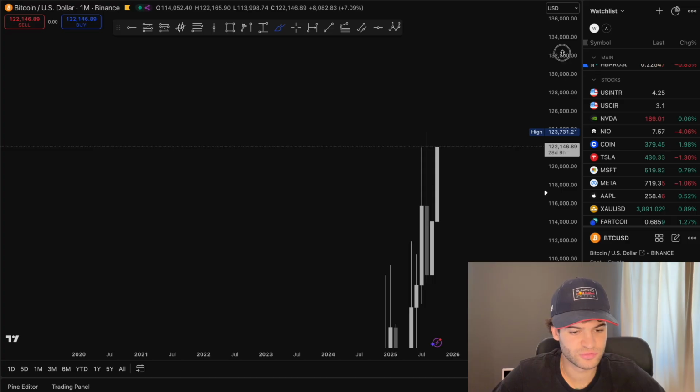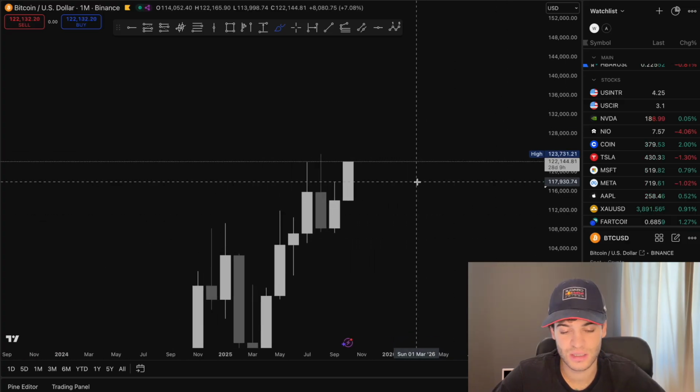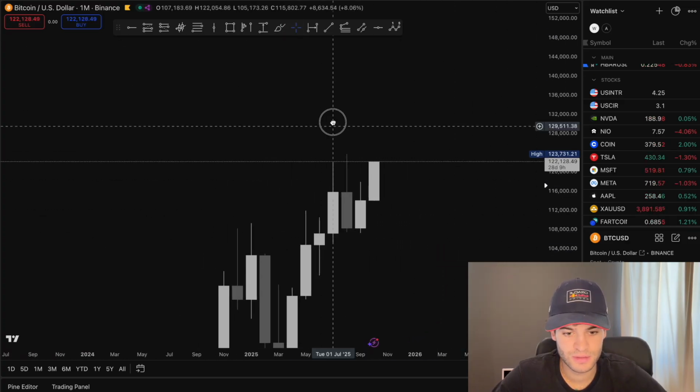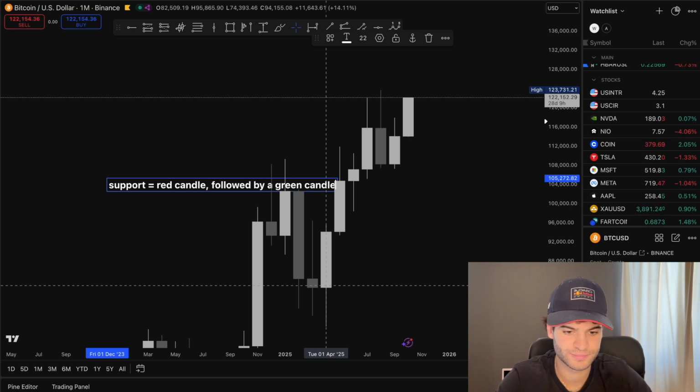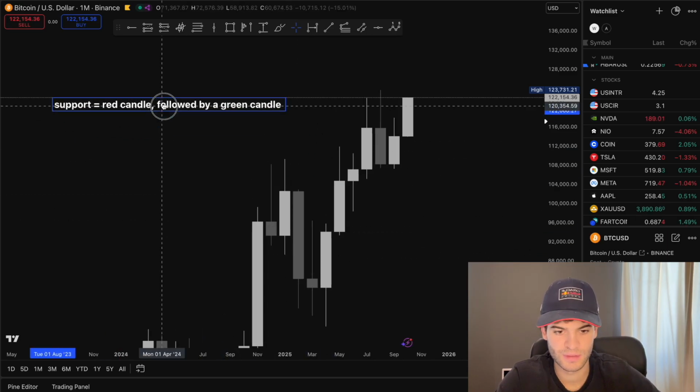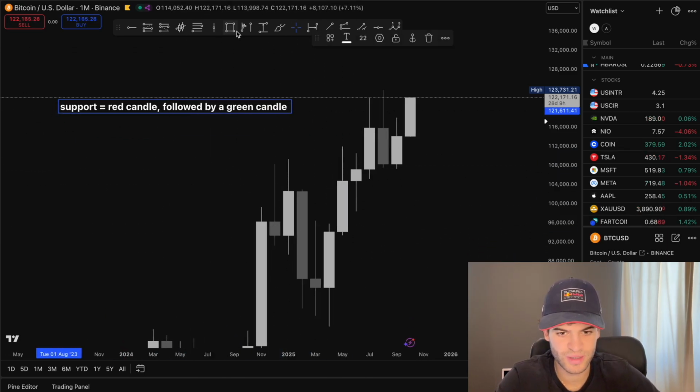Okay. So the very basic rule to trace out these horizontal levels is very simple. For support, what you want is a red candle followed by a green candle. As you can see, we have our first support level here on the monthly time frame.